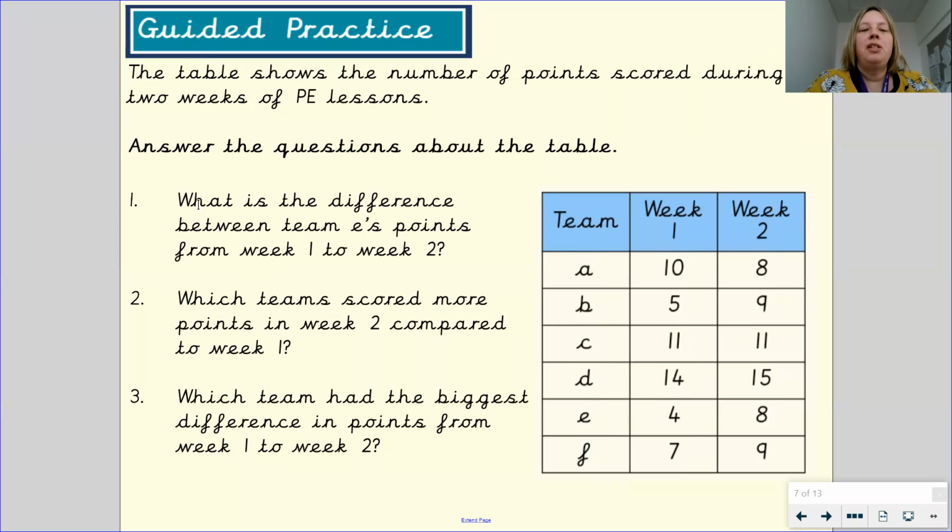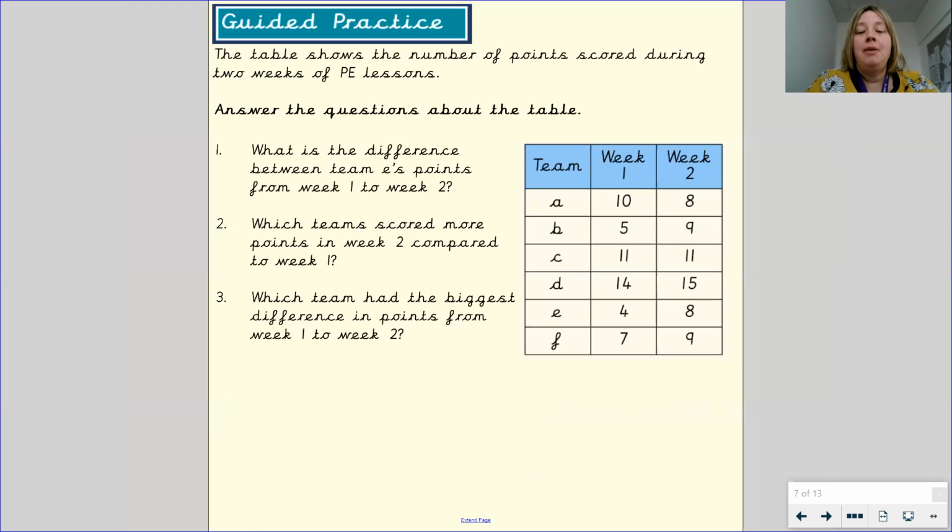Question 1 says, what is the difference between Team E's points from week 1 to week 2? So if I look at Team E, here's Team E. I can see in the first week they scored 4 points. In the second week they scored 8 points. So I need to work out the difference between 4 and 8.